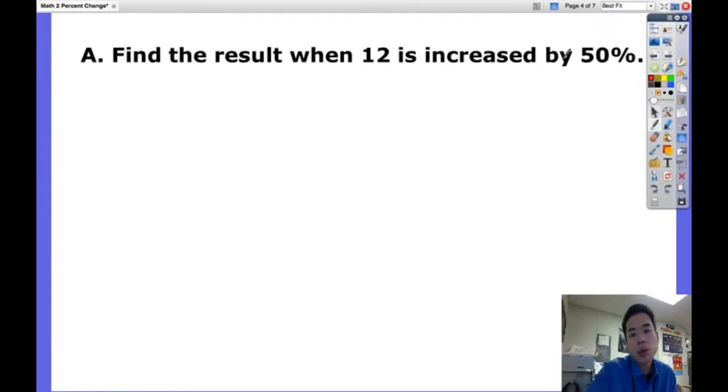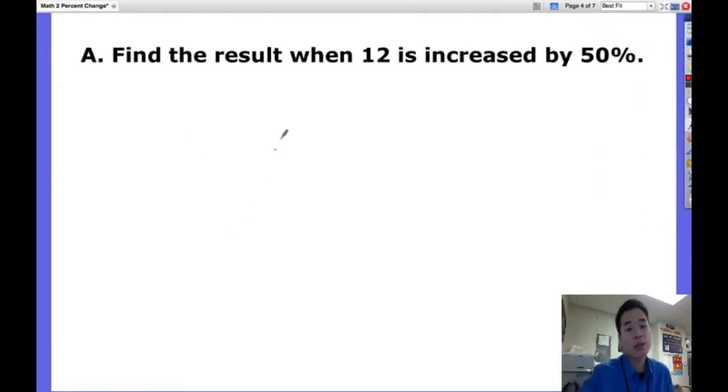Find the result when 12 is increased by 50%. So something here we have different. First thing we need to do is know that this original number is eventually going to get bigger because we're increasing by 50%. So percent change in this case, we need to find what 50% of 12 is. The general rule is just convert your percent right into a decimal.